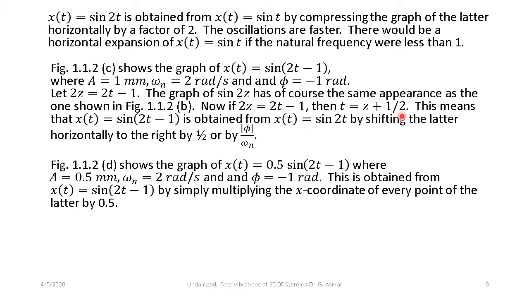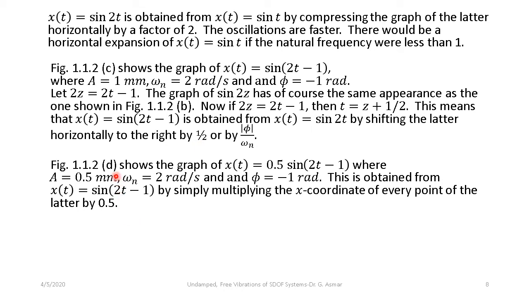What this tells us is that the graph of x of t equals sine 2t minus 1 is obtained from x of t equals sine 2t by shifting the entire graph of sine 2t horizontally to the right by 1/2, or by absolute value of phi over omega n.